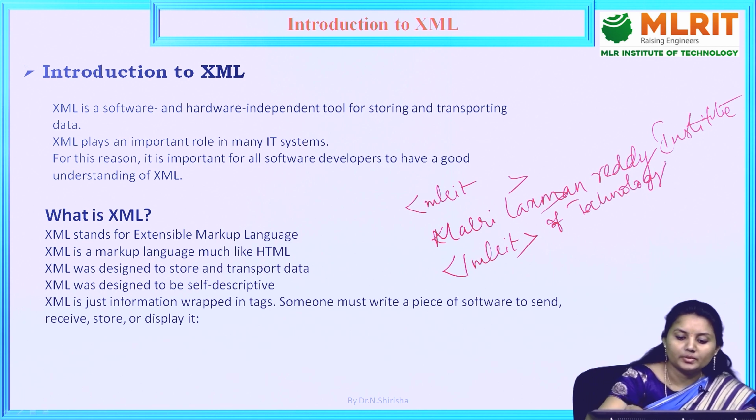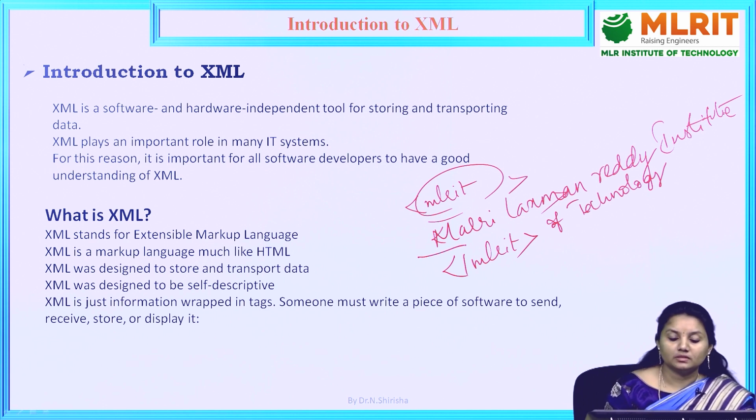So, what is happening here? MLR ID is a tag, which is the element, and this is the content that you are writing for that element. This can be done in XML because in XML we are using extensible markup, that is, user defined tags.